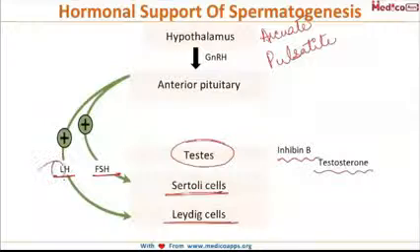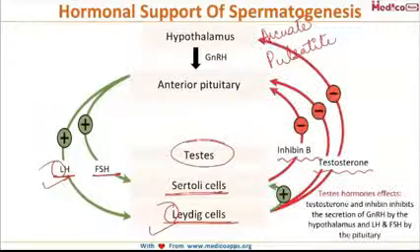L and L: LH receptors on the Leydig cells, and the remaining, FSH, has its receptor on the Sertoli cells. Now this Inhibin B and testosterone have a negative feedback action on the anterior pituitary as well as the hypothalamus, and so they inhibit the release of GnRH, LH and FSH.